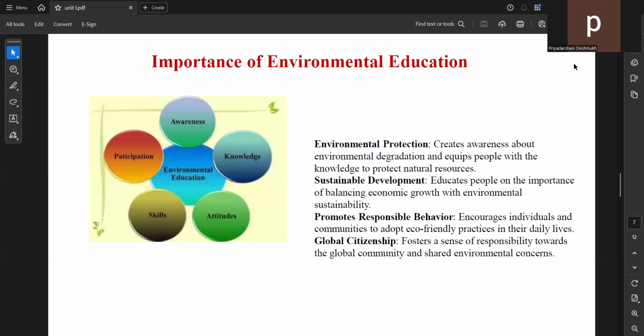These are the areas which show the importance of environmental education. In environmental protection, it creates awareness about environmental degradation and equips people with the knowledge to protect natural resources. In sustainable development, we educate people on the importance of balancing economic growth with environmental sustainability.